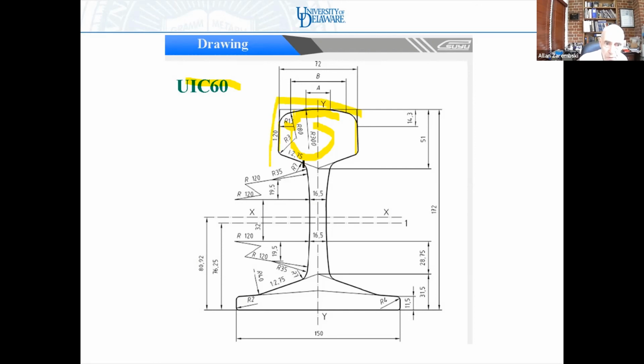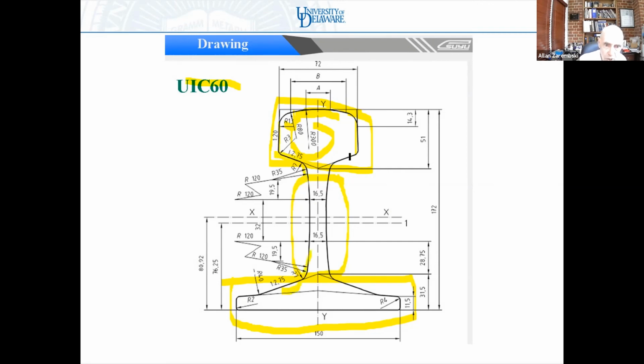This top of the rail is referred to as the head. This bottom is referred to as the base. And the center portion is referred to as the web of the rail. And notice, of course, that you have fillet radius under the head. You have fillet radius to the base.